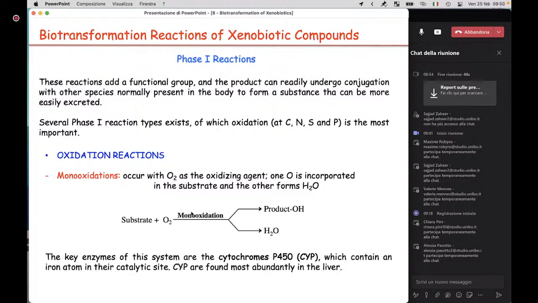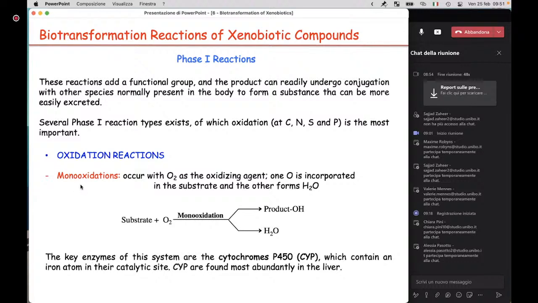So this is the reason it's called mono-oxidation, because just one of the two oxygen atoms is used to oxidize the substrate, while the other is incorporated into water.